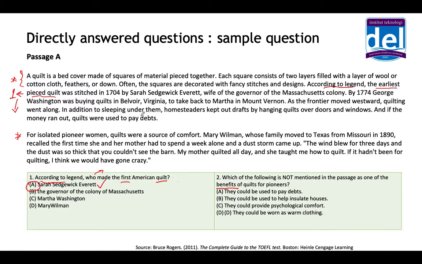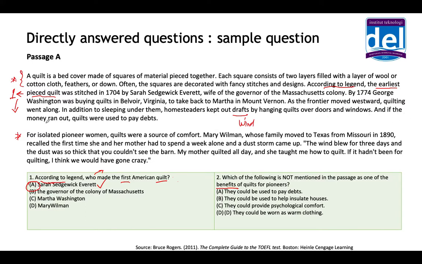So people can sleep under the quilt, "and homesteaders kept out drafts by hanging quilts over doors and windows." This is also another function of quilts, that is to keep out drafts. Draft is like wind, so to keep out winds by hanging quilts over the doors and windows.